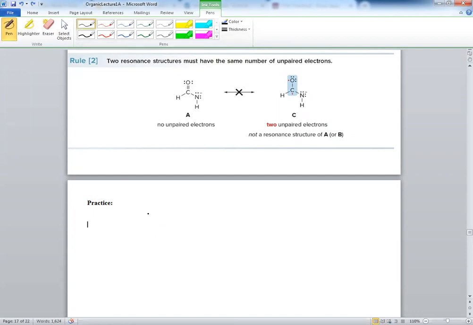So imagine you have this molecule. You have to ask yourself a few questions in order to determine if they are resonance structures and then proceed to draw the next resonance structure.